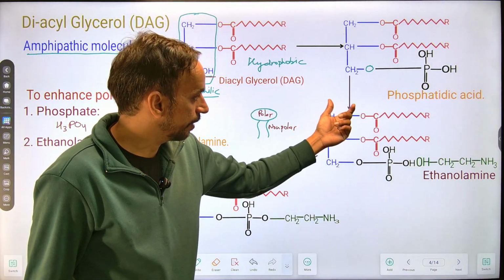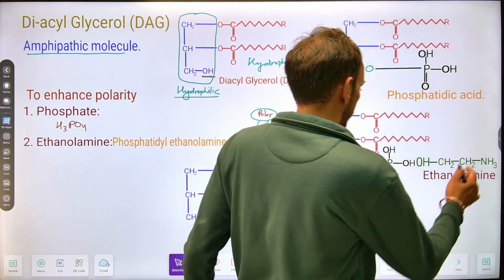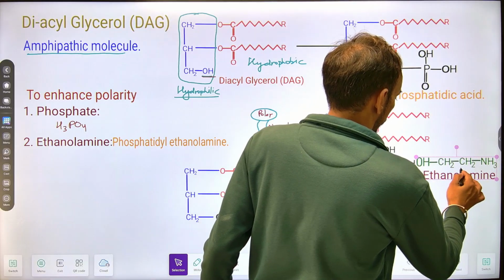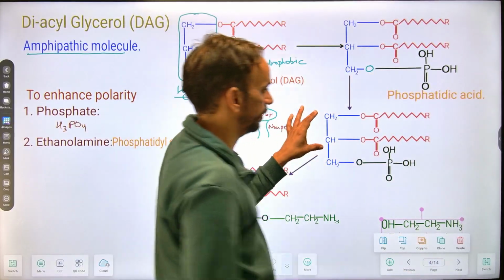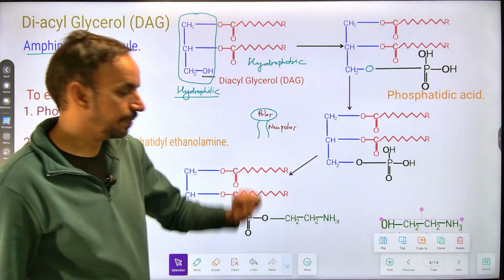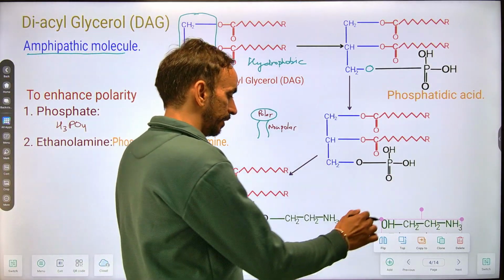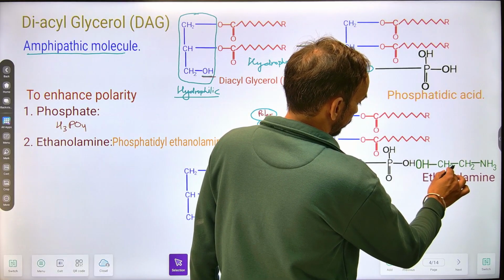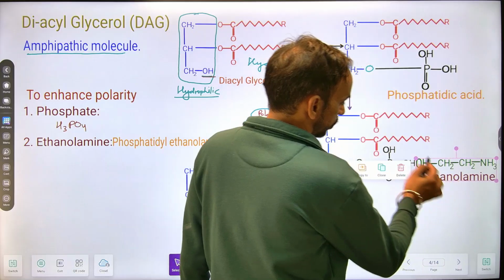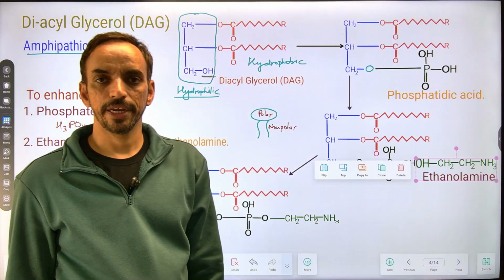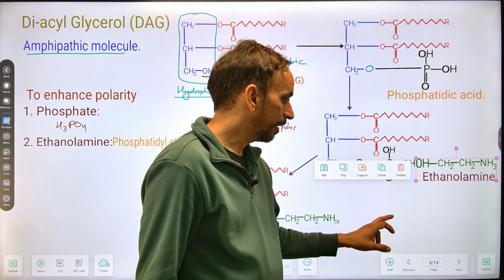Next, this structure is of the phosphatidic acid. Now onto this phosphatidic acid, there can be the addition of ethanolamine. Ethanolamine is simply ethanol, CH2CH2OH, and there is a presence of NH3 or amine group, so it is called ethanolamine.